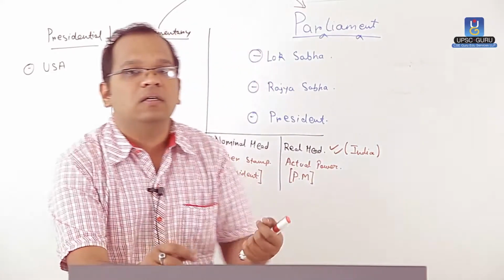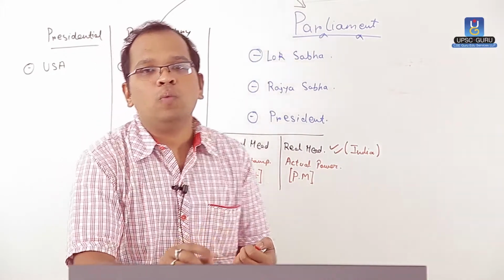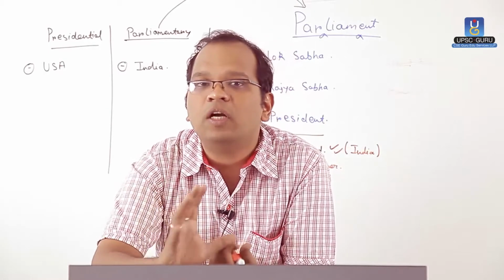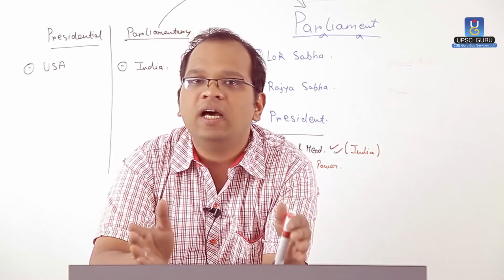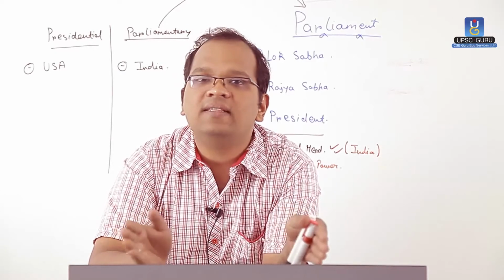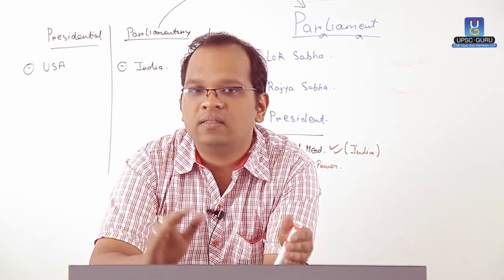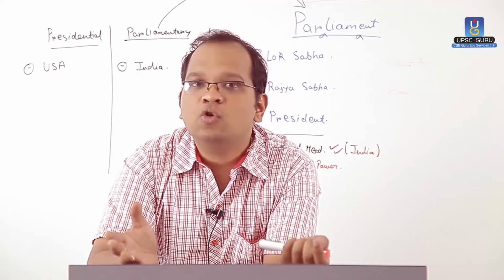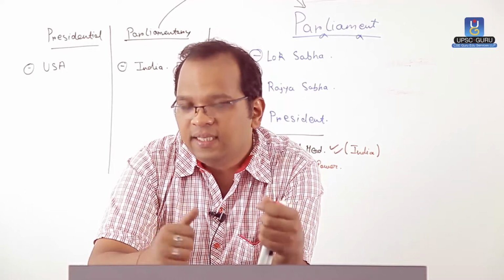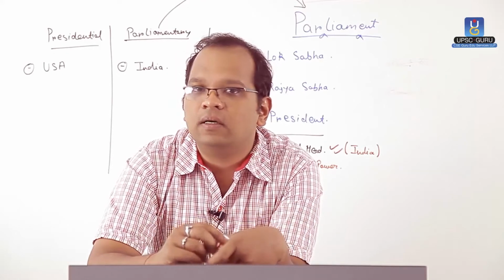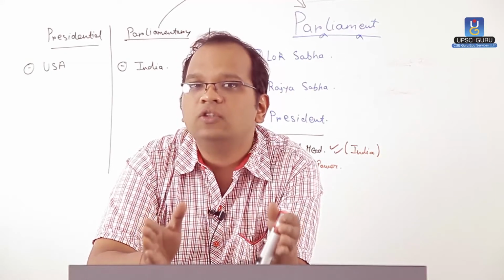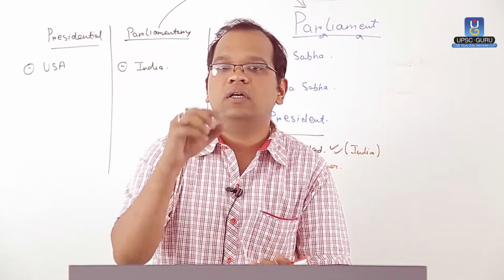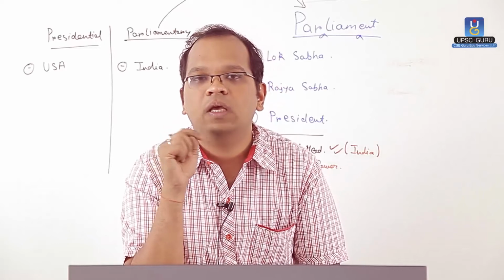But if he wants to publish that particular decision in the government gazette, what is a gazette? An important book of the government of India in which the notes given by the Indian government are written. Before the gazette is published in the press, it should be thoroughly signed by the president.